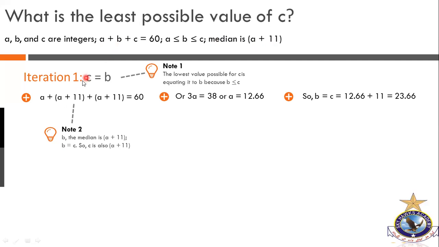So we are putting A plus 11 over here. Now we have C only. As we said that C is equal to B, the least value of C is B. So this C is coming over here and this will become C is B. So this is the value of C, because C is equal to B and B is equal to this.